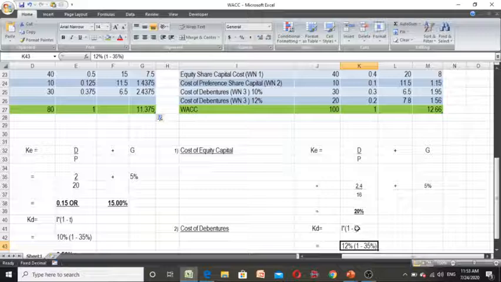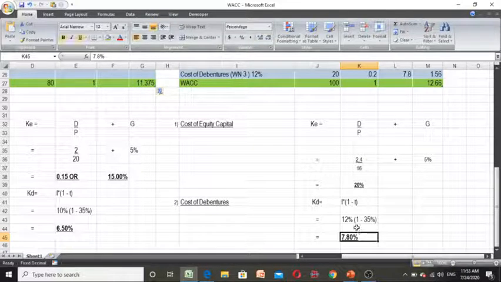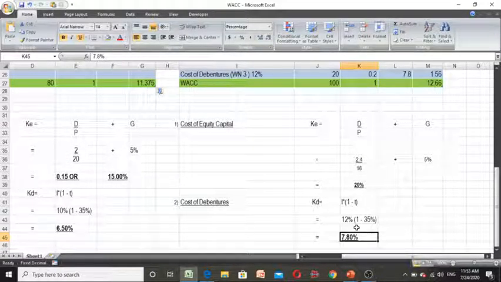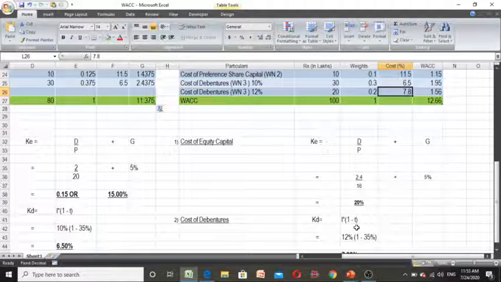And the tax rate remains the same, which is 35%. So we accommodate those changes and find the final answer as 7.80. Now we simply copy this 7.80 and paste it over here on the table.